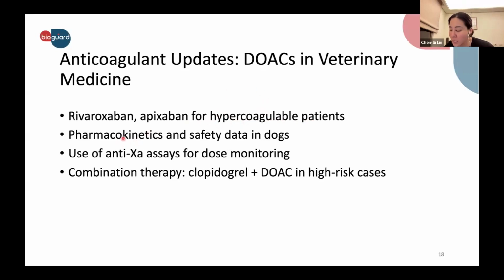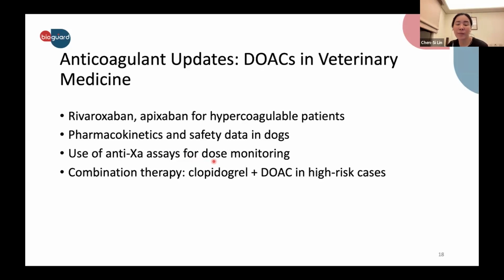And also, we now have anti-Xa assays available to monitor the treatment effects. So we have some pharmacokinetic data and safety data for these two drugs. We also use this kind of assay to help us check whether we are treating them with the proper dose.